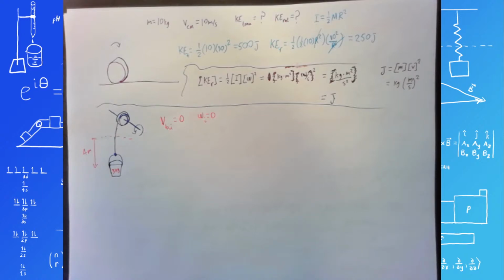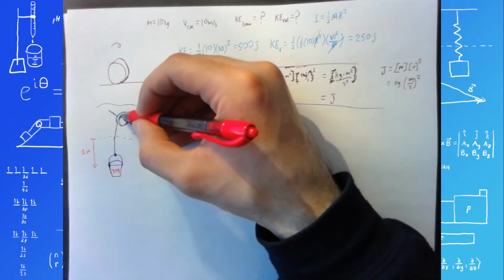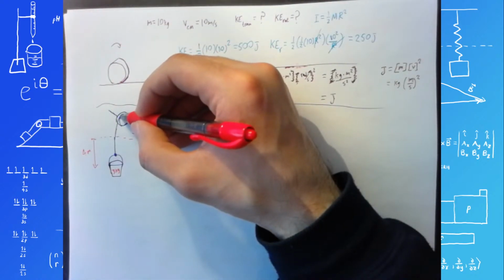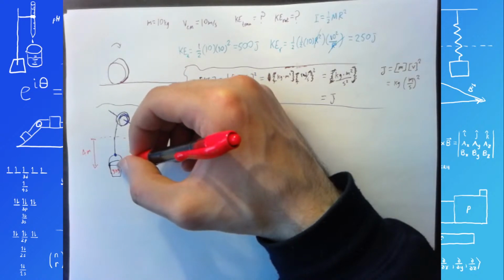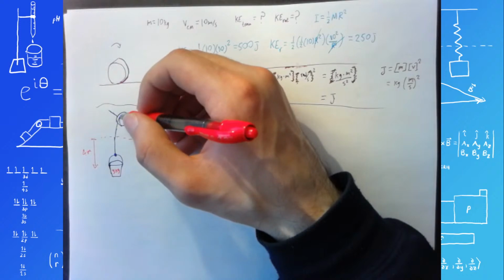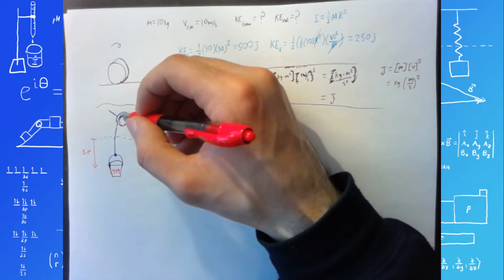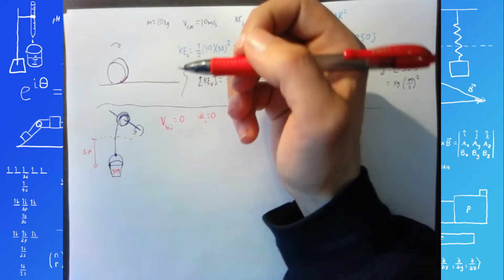The light string attached to the bucket is wrapped around the spool and does not slip as it unwinds. Very important to mention that the string doesn't slip as it unwinds. That means that the string is moving at the same velocity as the bucket. So the velocity of the string is moving at the same velocity as the bucket as it's being lowered, and because it doesn't slip on the spool, that must mean that the spool is moving with the same tangential velocity as the string.